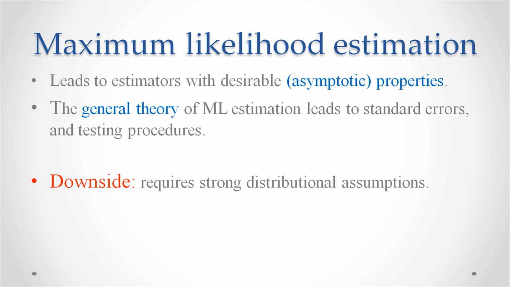In many situations, these estimators will not exist. However, maximum likelihood estimation offers an attractive alternative. The maximum likelihood estimators can be seen to have desirable properties. Note that most of these properties are asymptotic.